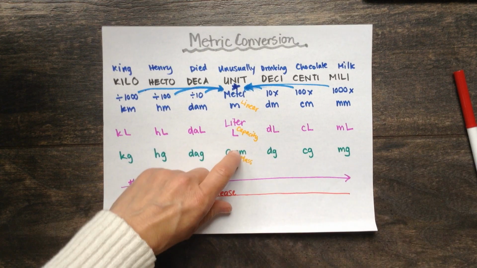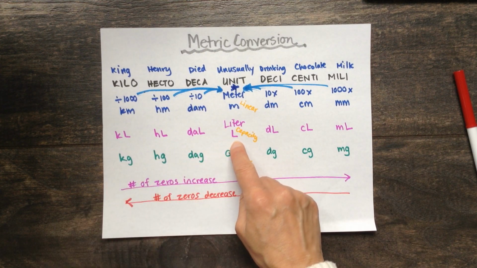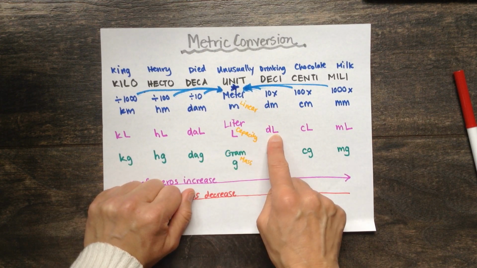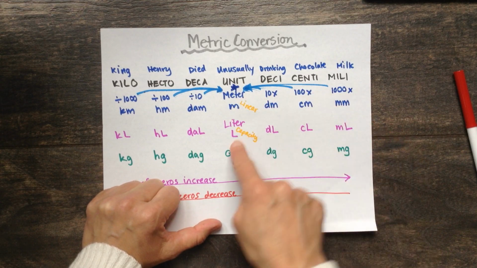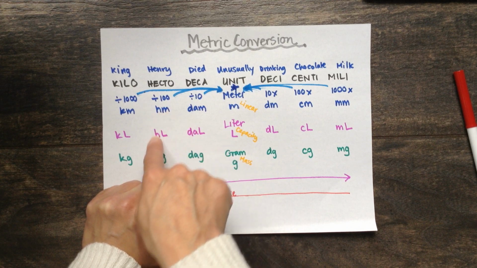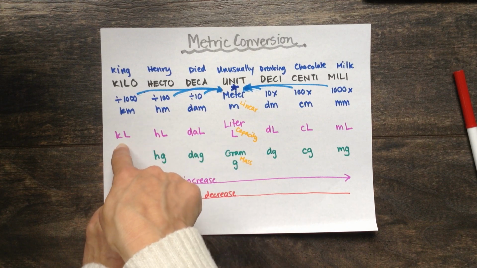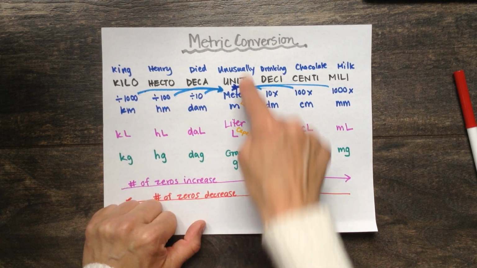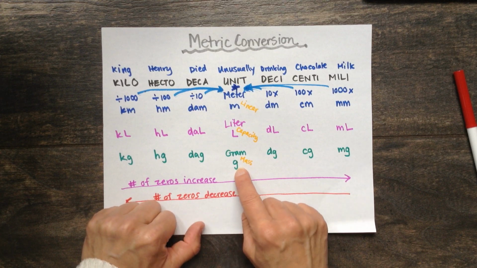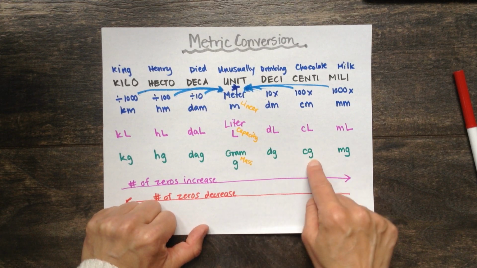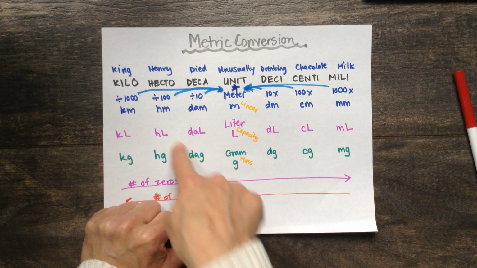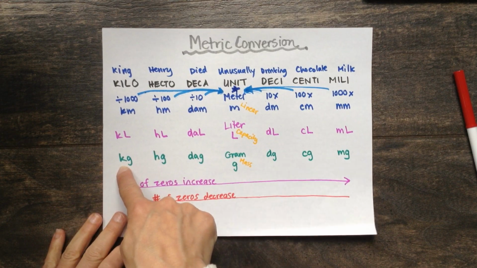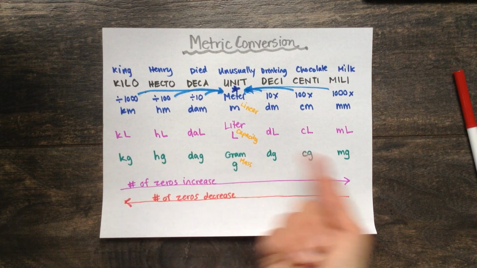So if my capacity unit is a liter, then I have deciliter, centiliter, and milliliter, same conversions. And I have decaliter, hectoliter, and kiloliter, same conversions. Same thing goes for gram. If my unit is gram, I have decigram, centigram, milligram, and decagram, hectogram, and kilogram, same conversions apply.